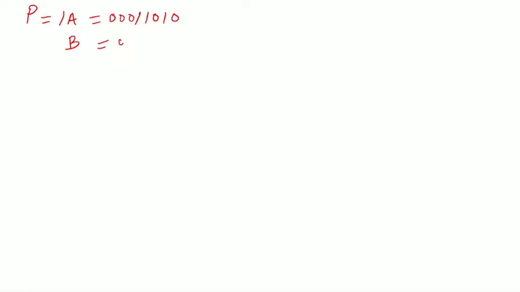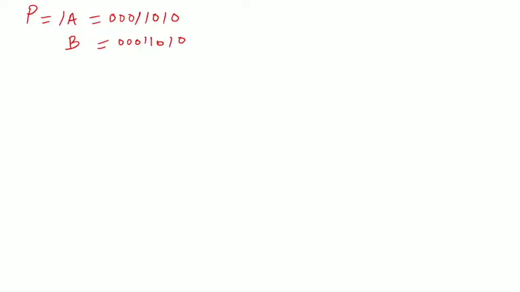So our block is 0001 1010. Now we had 3 rounds. We're going to process this block through 3 rounds using the round function, which was doing one substitution and one permutation. So let's take a look.